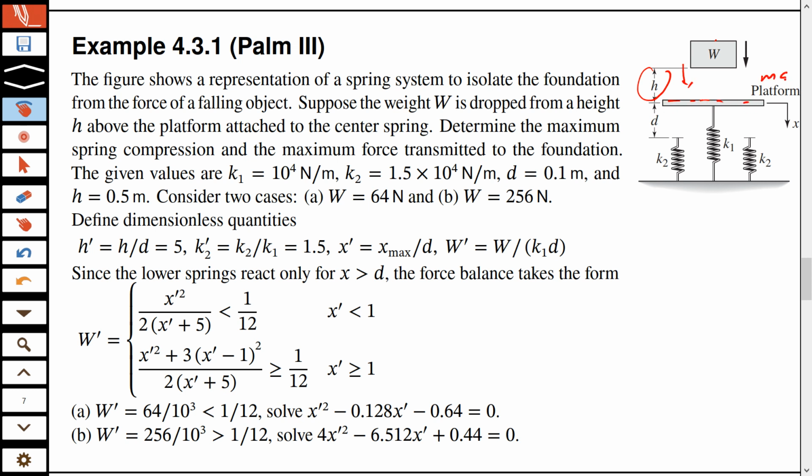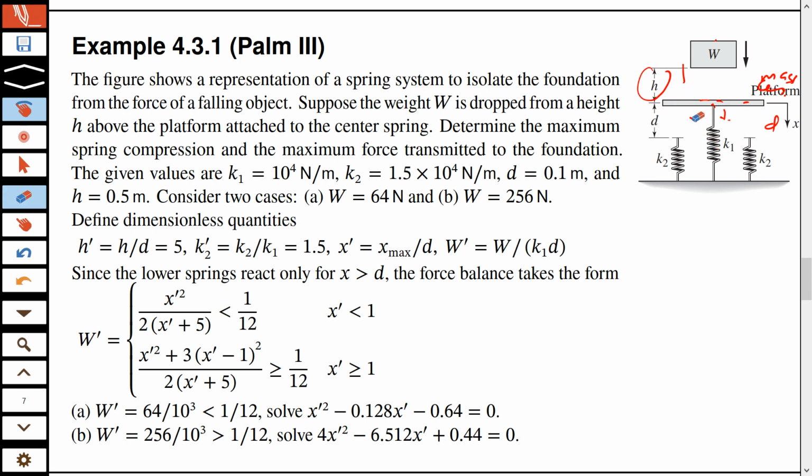You assume the platform to be massless for simplicity, and when it hits the platform, it compresses spring K1, and if x is less than d, the only restoring force comes from K1.